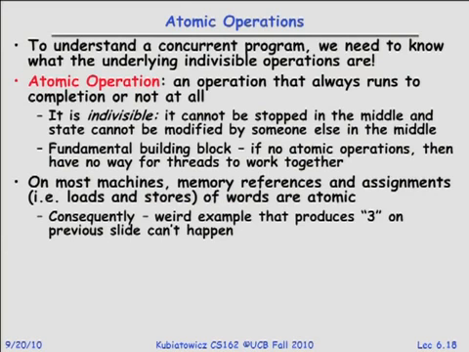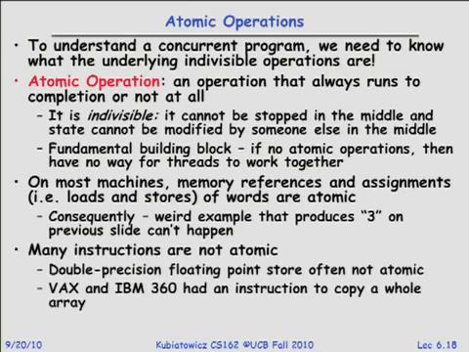For instance, the VAX, IBM 360 and x86 all have string copy operations. The problem with a string copy operation is you're asking in a single instruction to do a whole bunch of stuff. If that instruction gets interrupted in some way, then it's possible to get half of that instruction done or whatever.